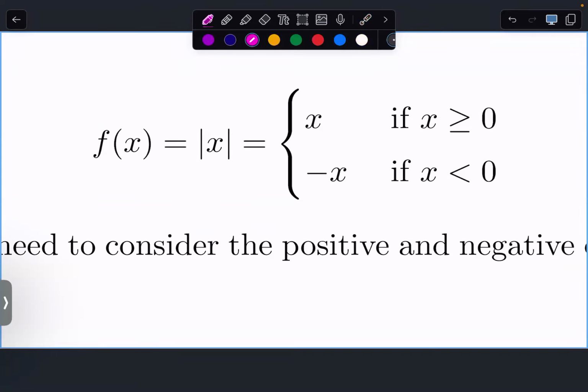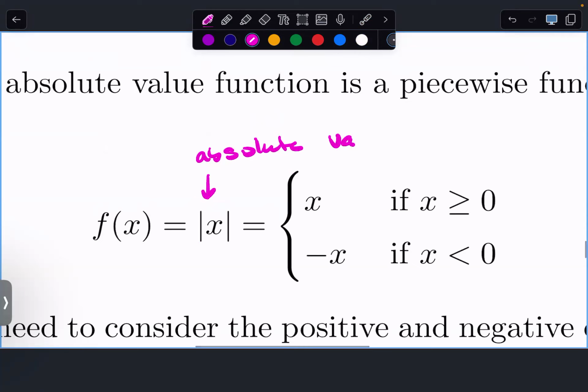And so here, this is the absolute value of x. And so it takes whatever's inside and it returns x if the inside is greater than or equal to 0, or it negates it if the inside is less than 0, right? Making it positive.